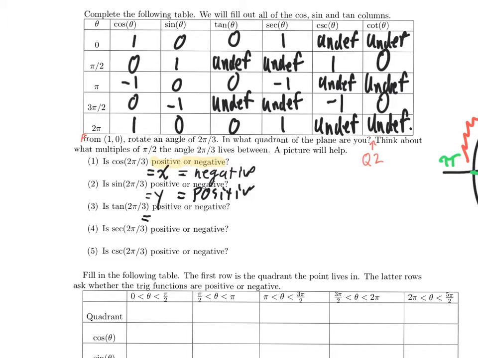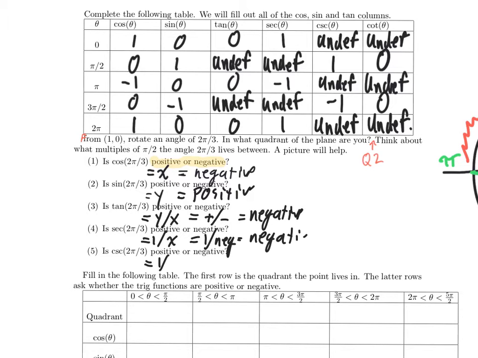Tangent of 2 pi over 3, remember tangent is y over x, so that will be a positive number divided by a negative number. That's negative. Secant is 1 divided by the x coordinate. That's 1 divided by a negative, which is negative. Cosecant is 1 over y. That's 1 divided by a positive, which is positive.